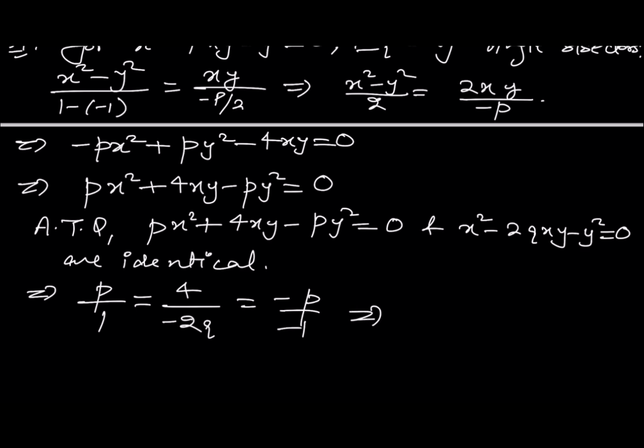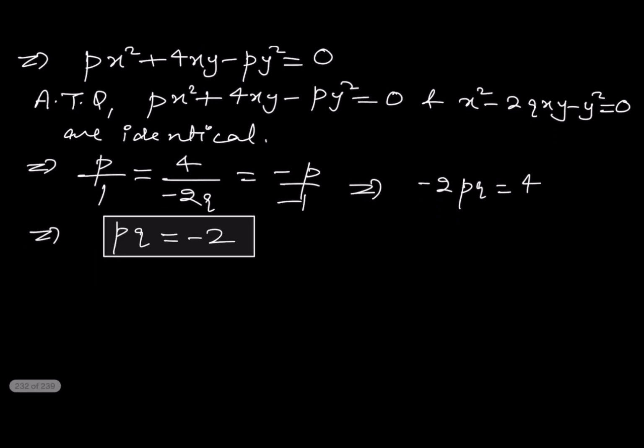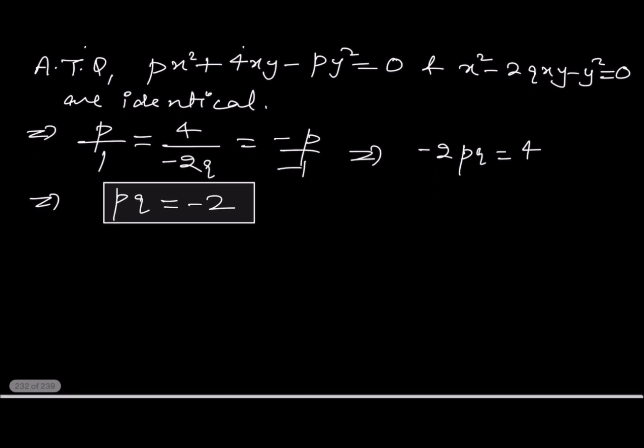So from here we can get minus 2pq is equal to 4, or pq is equal to minus 2. This is the condition, or this is the relation between the coefficients p and q, right?